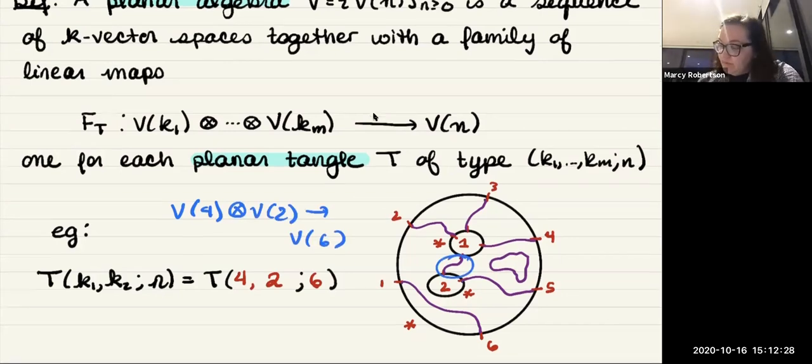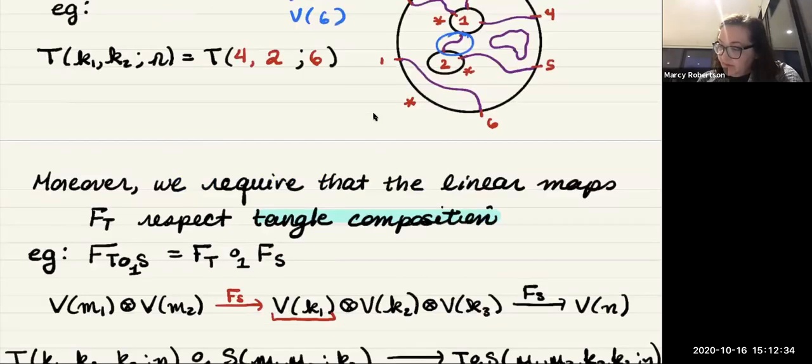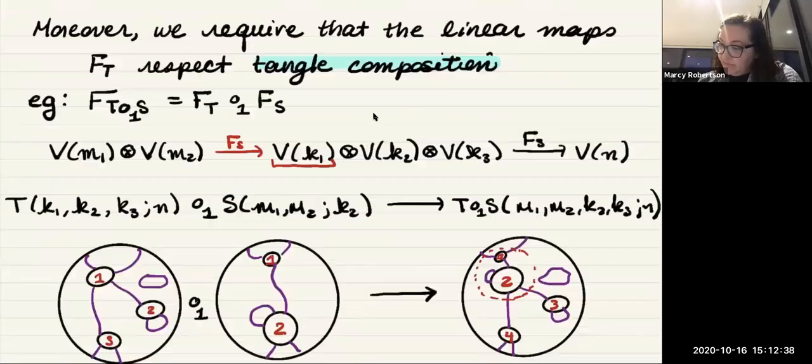Okay. And in fact, we want a little bit more structure on planar algebras. We want them to respect tangle composition. So you can iterate tangles, which is nothing too fancy.